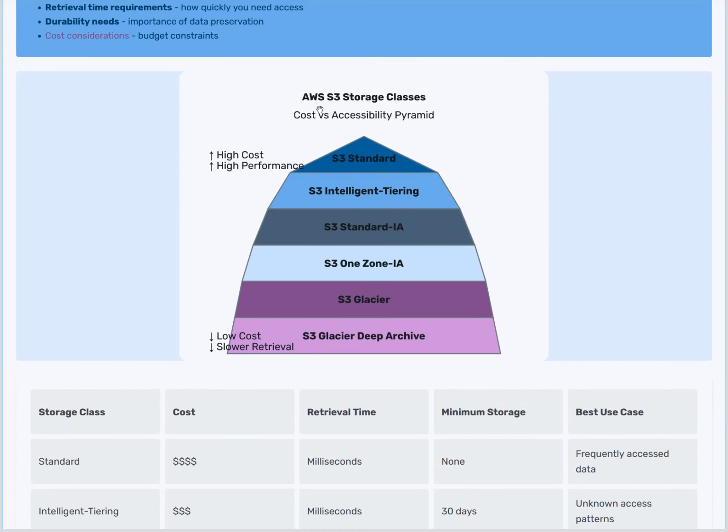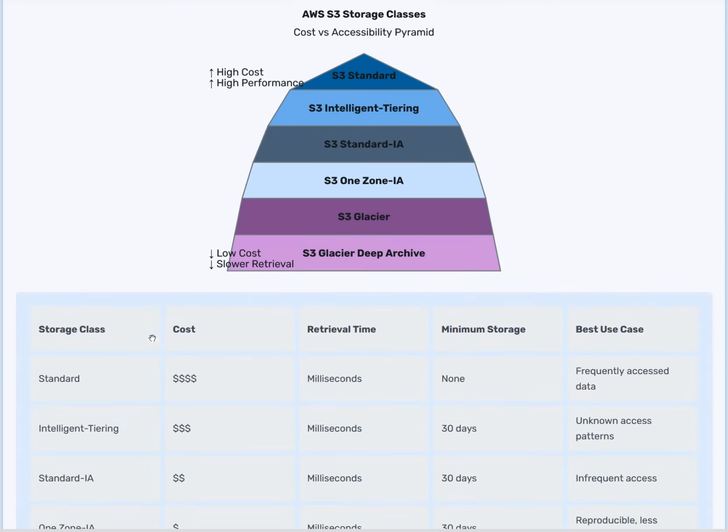Now the AWS S3 storage classes cost versus accessibility pyramid: S3 Standard is the highest cost, then Intelligent-Tiering, then Standard-IA, One Zone-IA, and then Glacier and Glacier Deep Archive. At the top, highest cost and highest performance. Going down, lowest cost and slower retrieval.